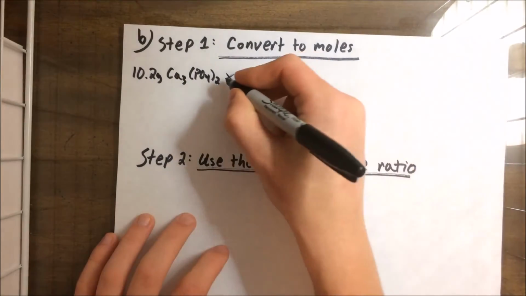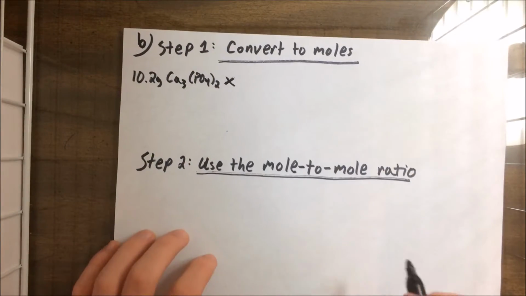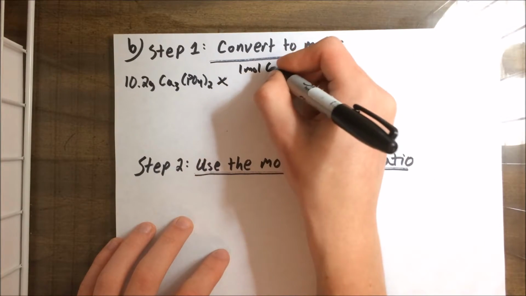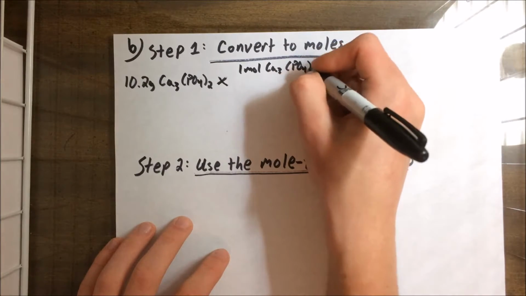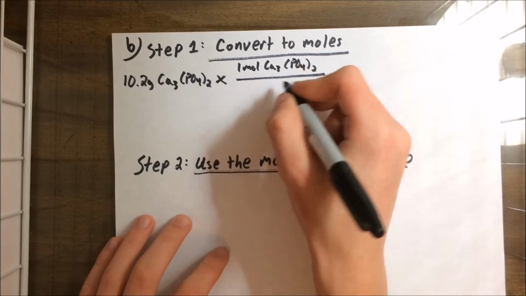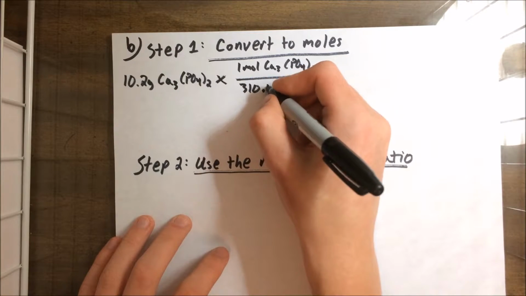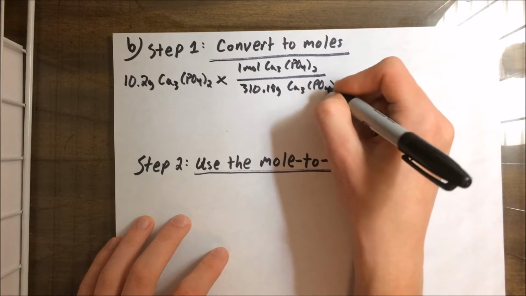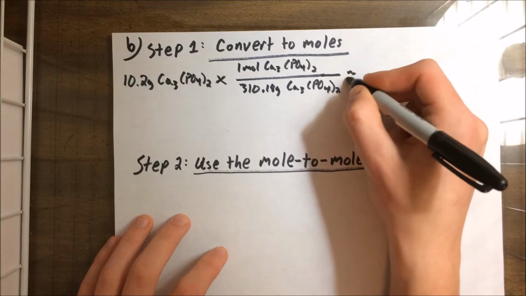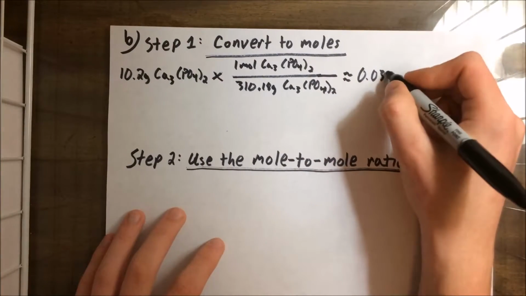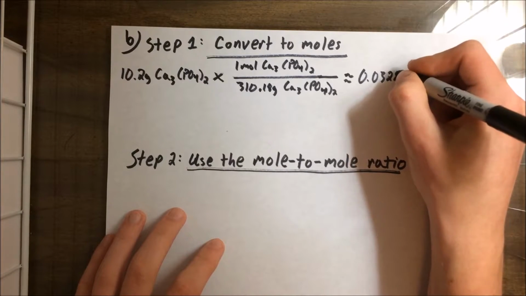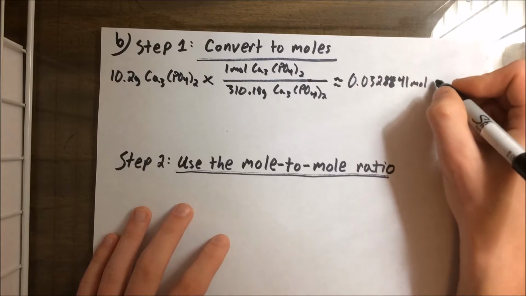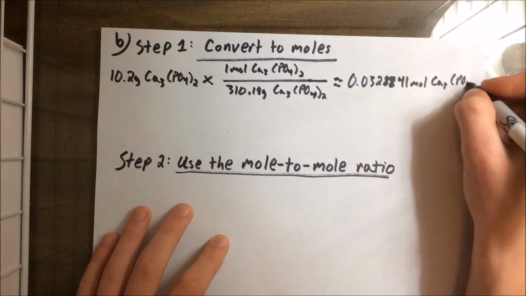We already did that in the previous part, so I'm just going to do it real quick. 1 mole calcium phosphate over the molar mass, 310.18 grams of calcium phosphate, is about equal to 0.0328841 moles of calcium phosphate.